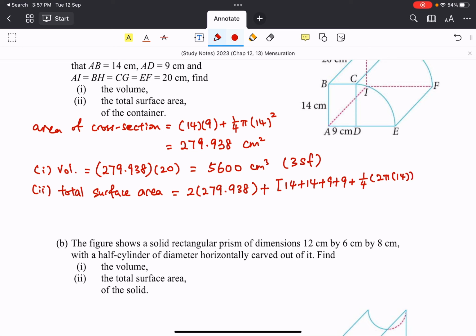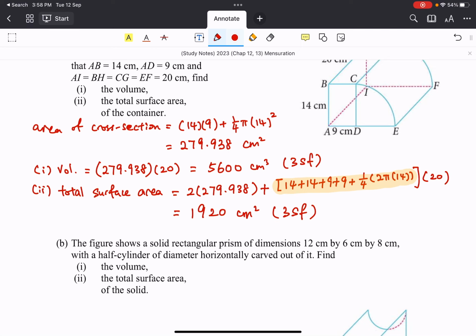So this is the circumference multiplied by 20. Take your time. If you need to pause the video to examine the working again, you can do that. But generally, that's the idea: 2 times the cross section plus the perimeter of the cross section. Let me highlight for you. Highlighted in orange, this is the perimeter of the cross section times the length. From here we work this one out. It is 1920 square centimeter corrected to 3 significant figures.